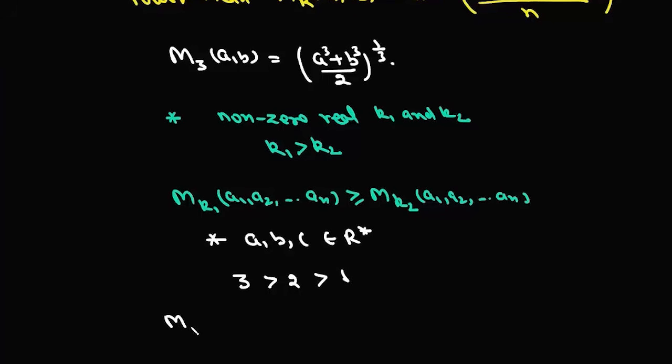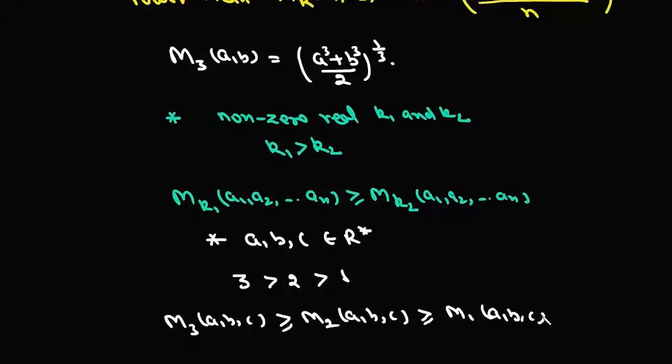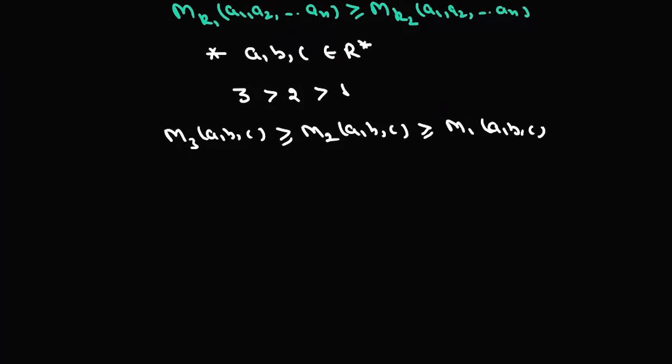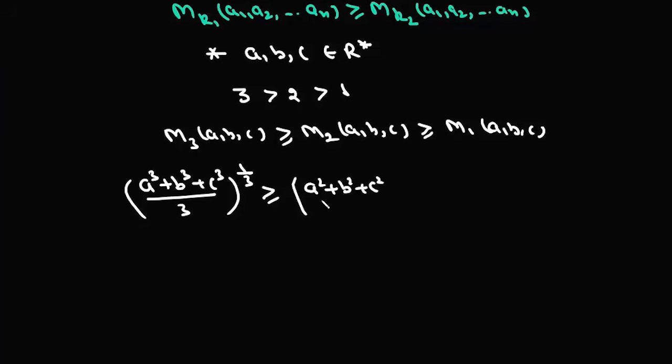Then we can simply write M3(a, b, c) will be greater than or equal to M2(a, b, c) and will be greater than or equal to M1(a, b, c), which simply means ((a³ + b³ + c³)/3) to the power 1/3 will be greater than or equal to ((a² + b² + c²)/3) to the power 1/2 and will be greater than or equal to (a + b + c)/3. So this is how we are going to use the power mean inequality.